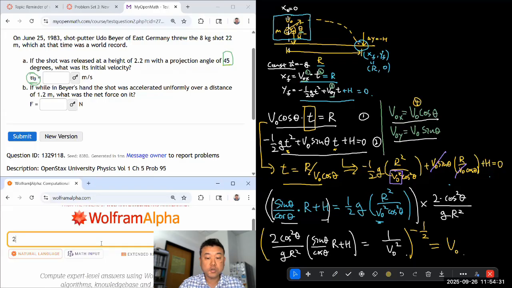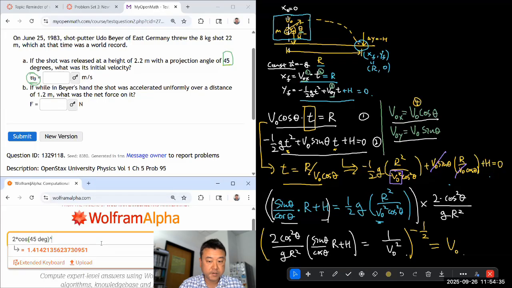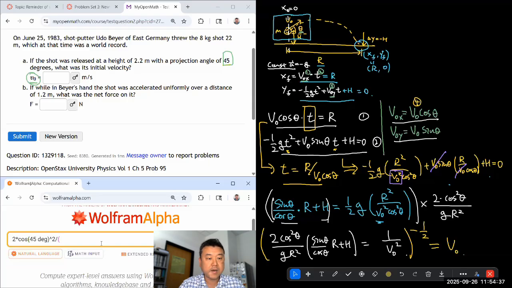So I'll do 2 times cosine of the angle 45 degrees squared, divided by g, 9.8. Let me just keep everything in basic SI units, then I don't have to worry about units. 9.8 times r, 22 meters squared. And if you are not including units, make sure you don't make algebra mistakes.